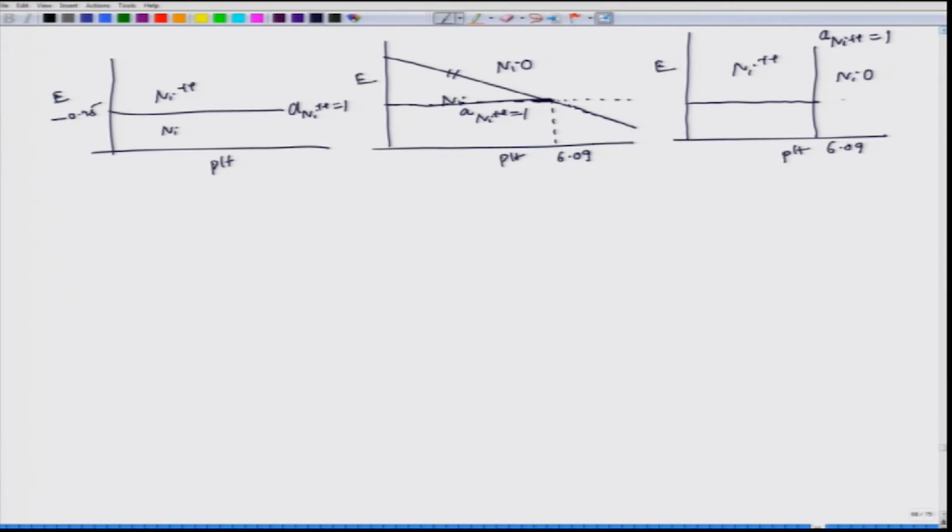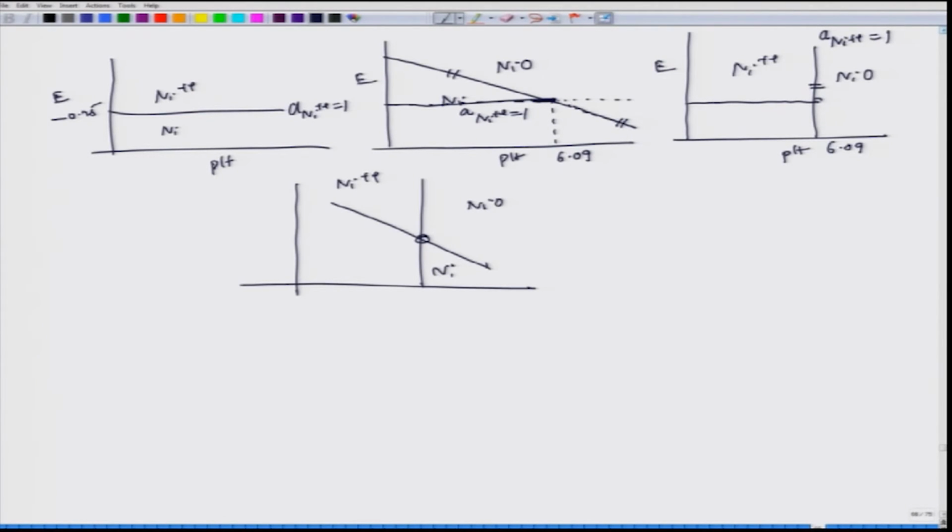So, now if we try to solve this equation and this one, let us see what point we can achieve. So, this is the line and this line, rather I would say that this is nickel plus plus, NiO, Ni.